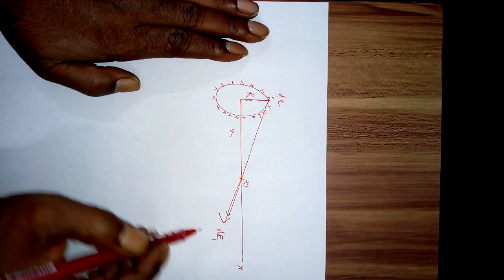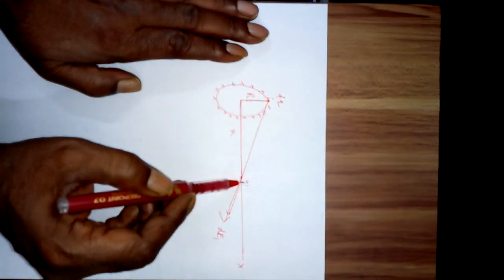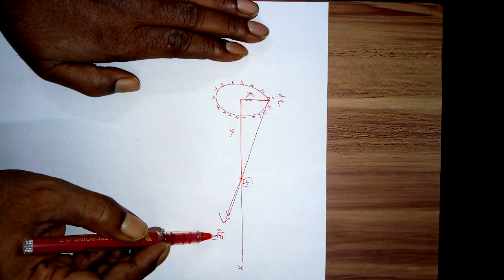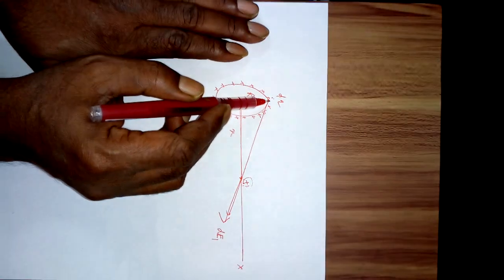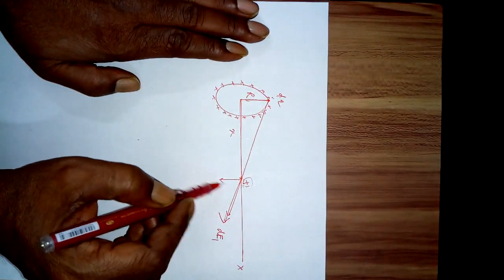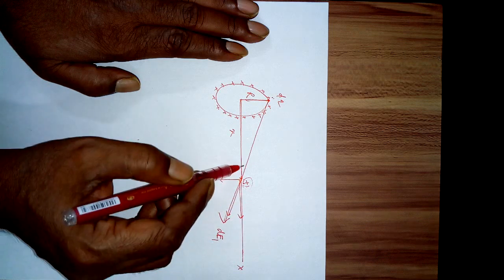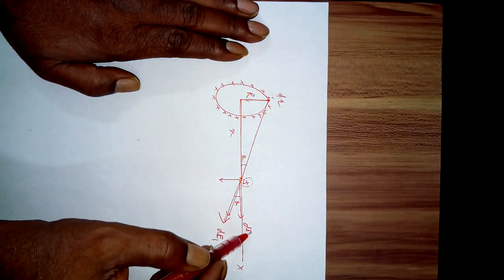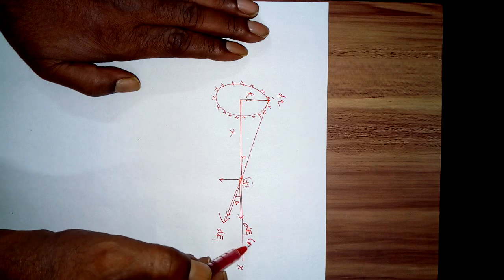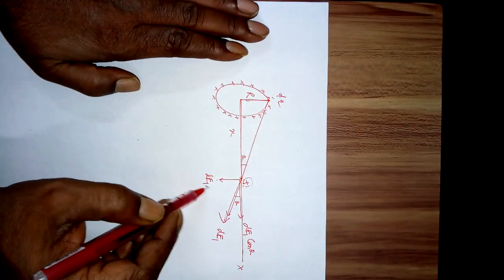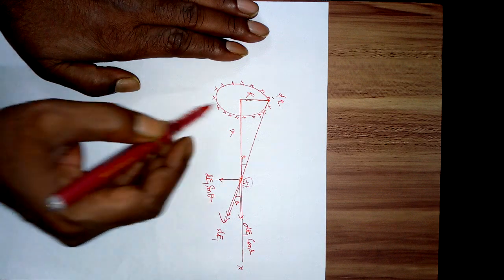Let it be dE1. The force experienced by a test charge is called electric field, written by capital E. So this dE1 will have one component like this, another component like this. If this is theta, then this will be theta. So this will be your dE1 cos theta, and this will be your dE1 sin theta.